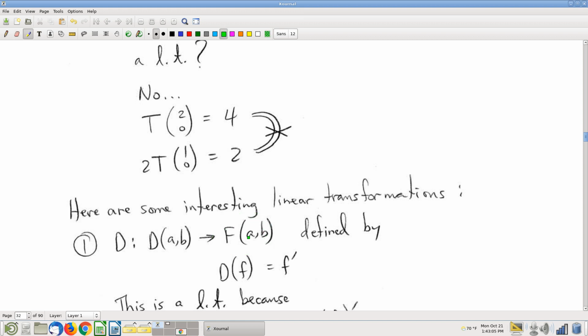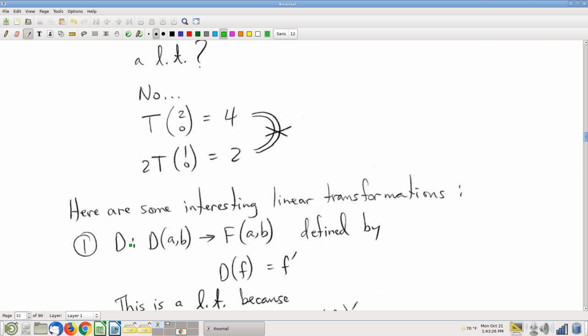Now, we've discussed previously that this is a subspace of F and therefore a vector space. Of course, we already know that F is a vector space, so the domain and target of this function are both vector spaces, and this function takes something from the domain and gives me something in the target.